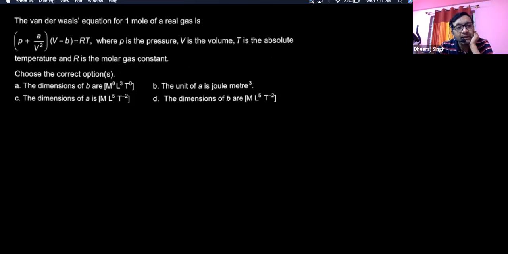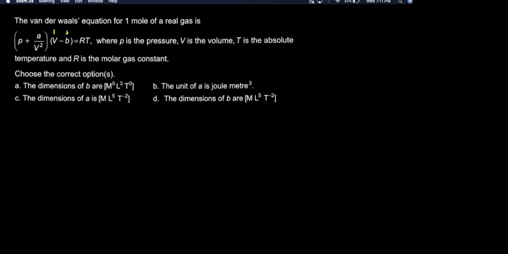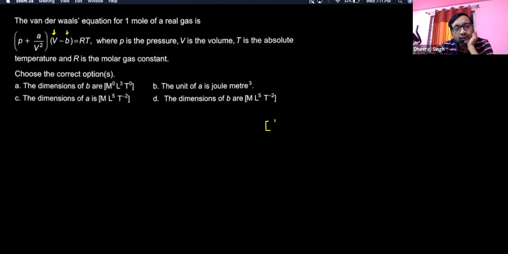You can see B is getting subtracted from V, so dimension of B should be equal to dimension of V. Volume dimension is L cube. So option A is correct.